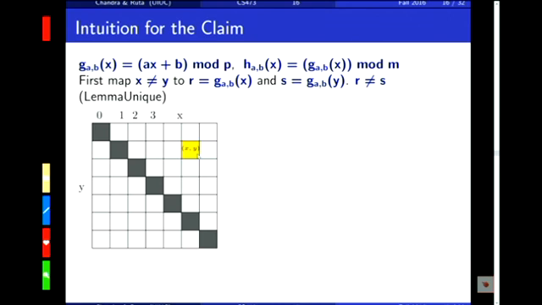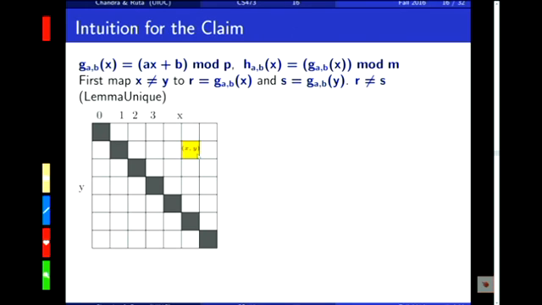And then h is just do g and then do mod m. Now first of all, if we take some two keys x and y which are not equal, let's say r is g applied to x and s is g applied to y.